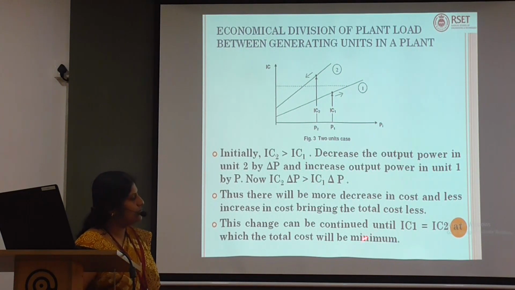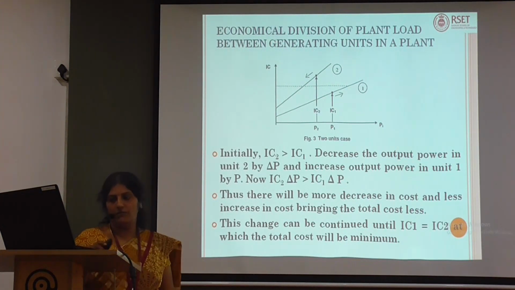So this will come down, and at one particular point, when I keep loading this plant, its cost will rise, and it will also try to reach this point. At one point both the incremental costs will become equal, and then the total cost will be minimum.